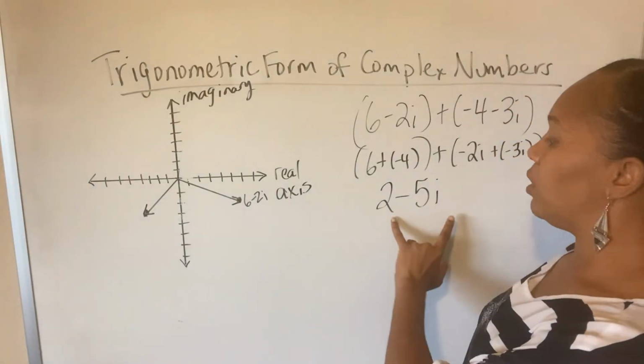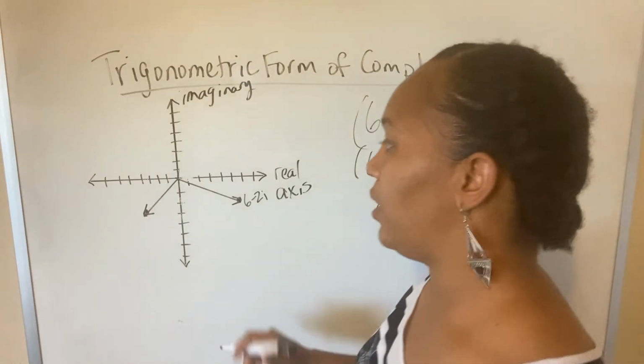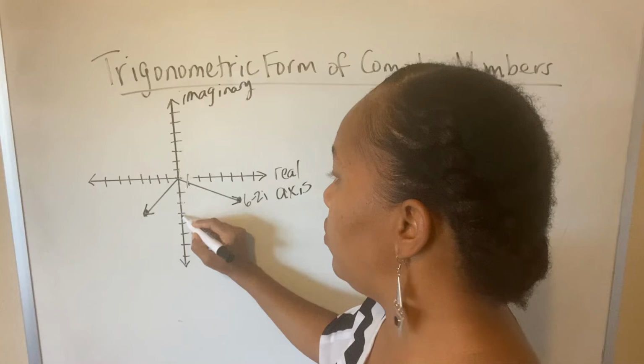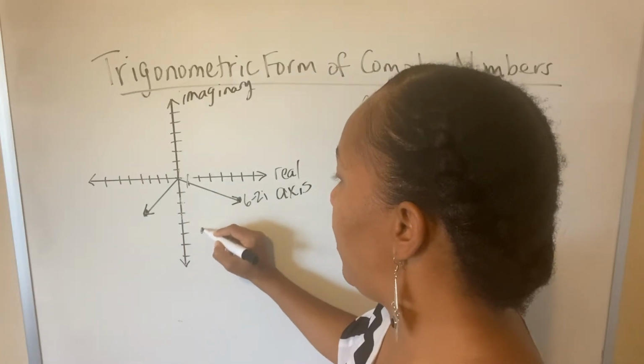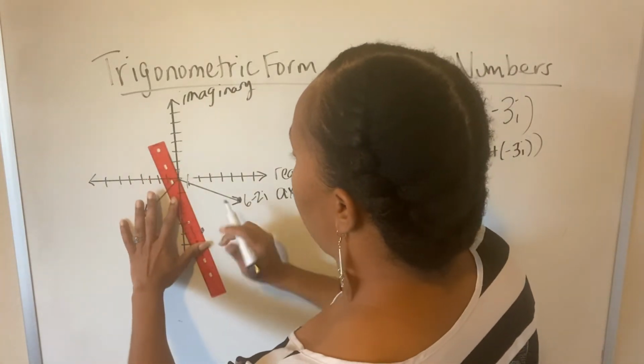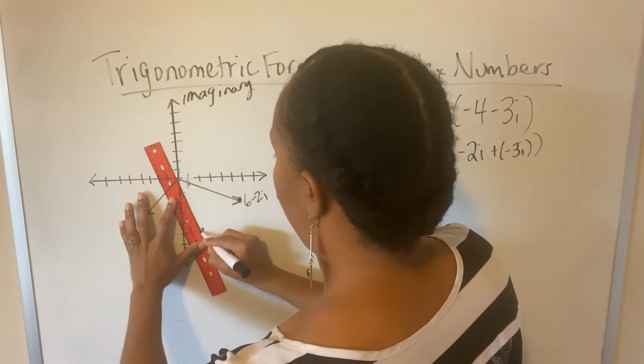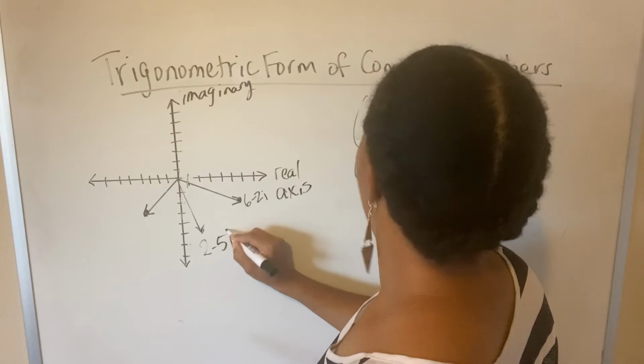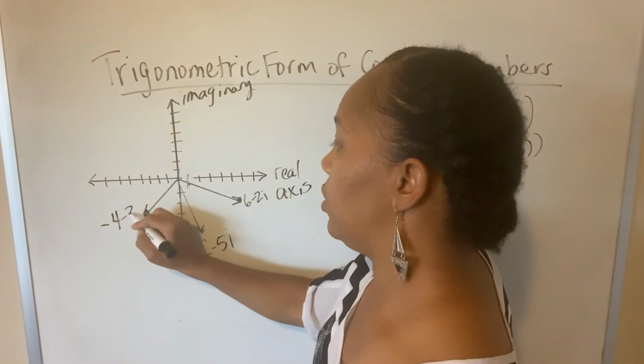Then I would graph the resultant vector, which is 2 minus 5i. I will go to 2, which is here, and then down to negative 5, 1, 2, 3, 4, 5. So 2, negative 5 will be here, and here is the resultant vector, the 2 minus 5i vector. This one was the negative 4 minus 3i vector.